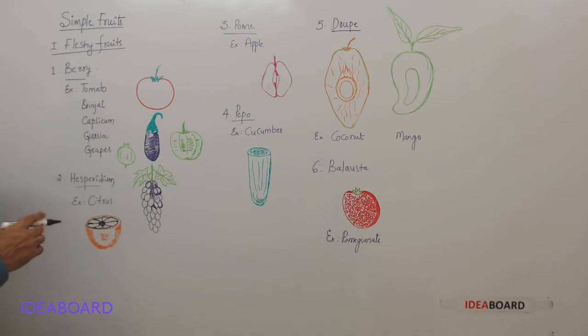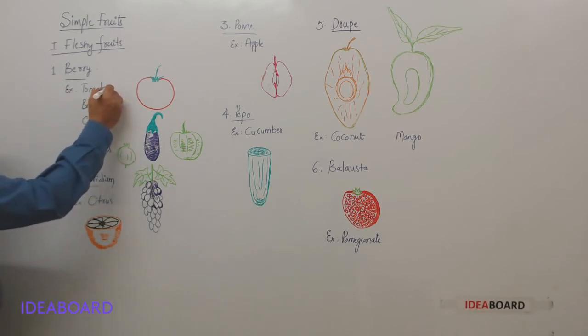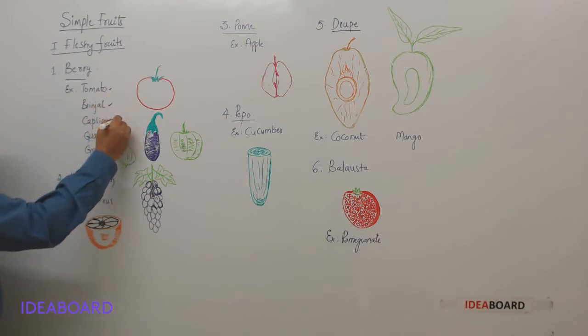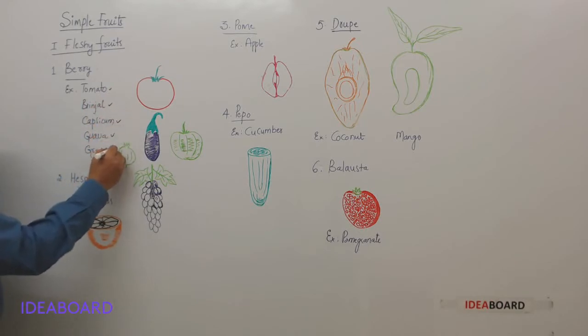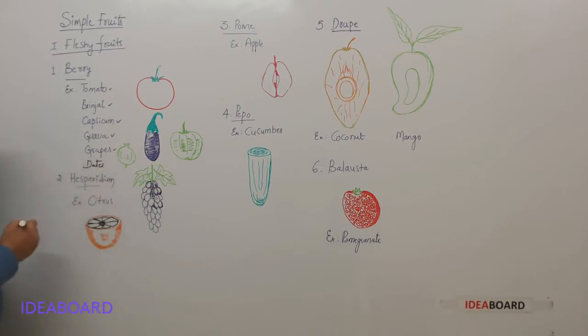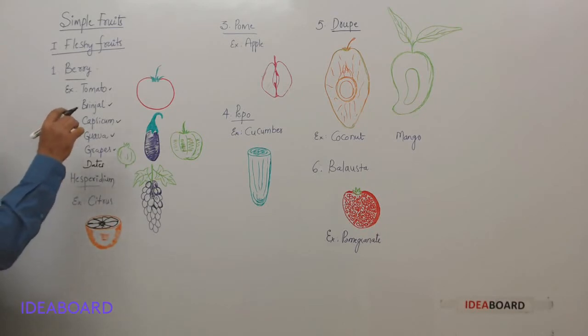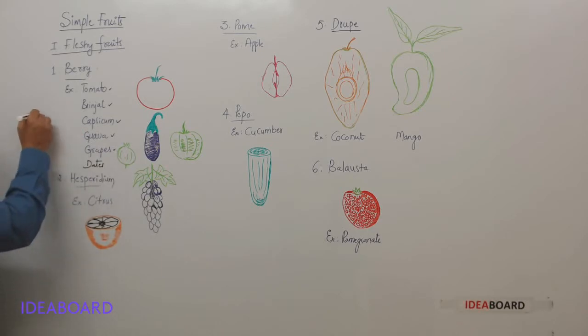In the berry fruit, the examples you should remember are tomato, brinjal, capsicum, guava, grapes, and also dates. In all these berries, generally the entire pericarp along with the seeds becomes edible. The epicarp is generally membranous, and the meso and endocarps fuse to form a pulp, so these are pulp bearing fruits.